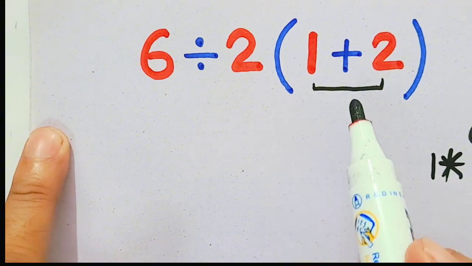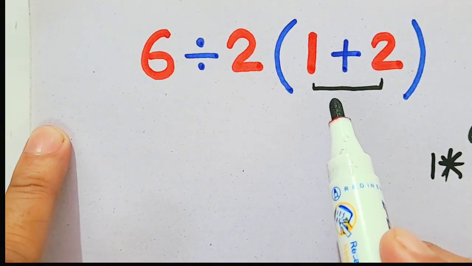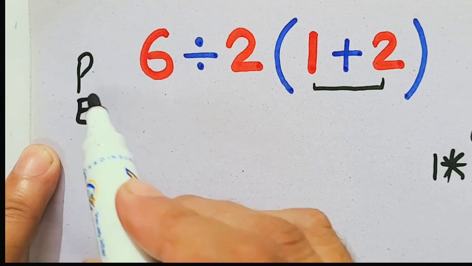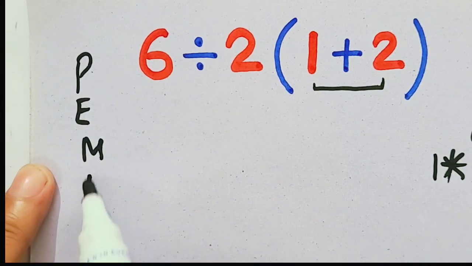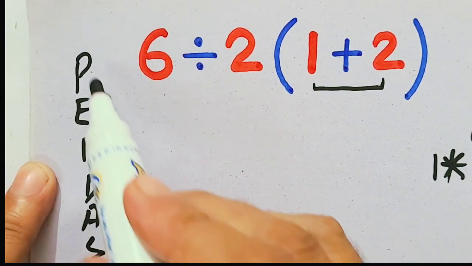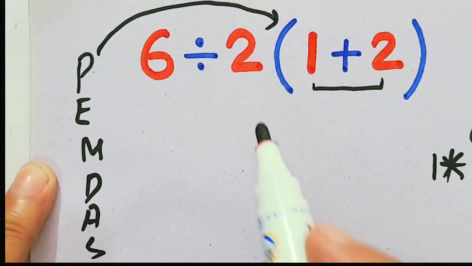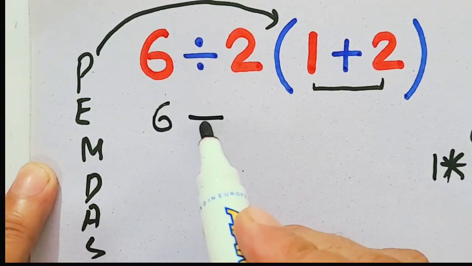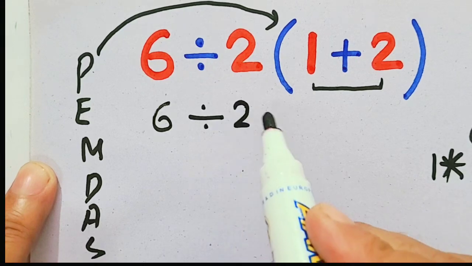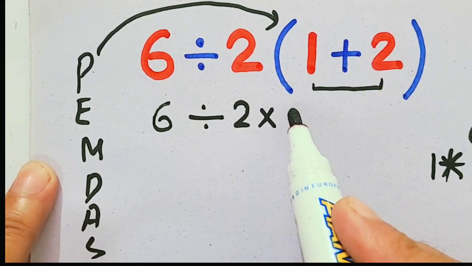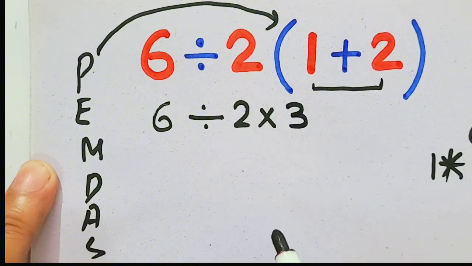So, first of all, according to PEMDAS, we have to solve parentheses. So this is 6 divided by 2, and the parentheses have 1 plus 2, which is equal to 3.